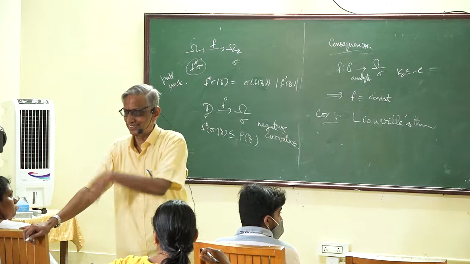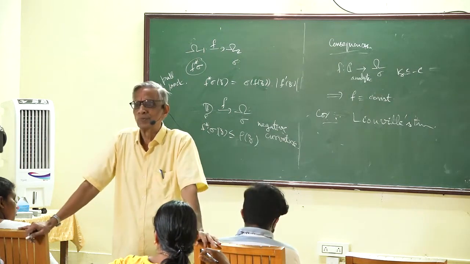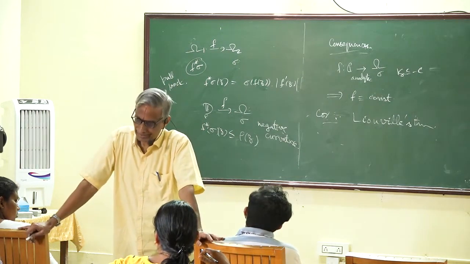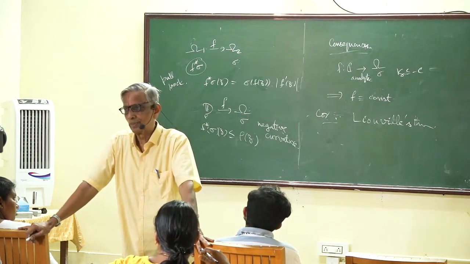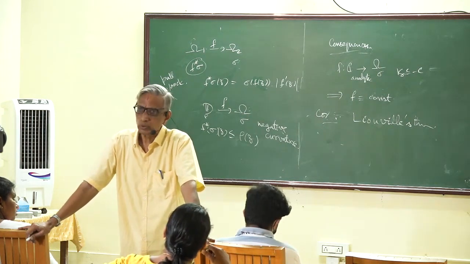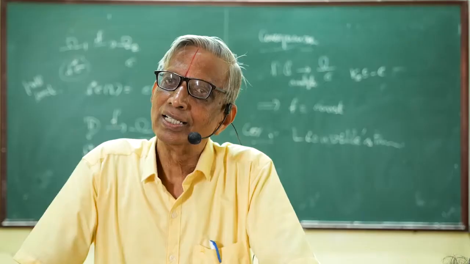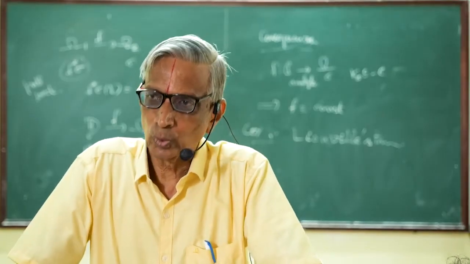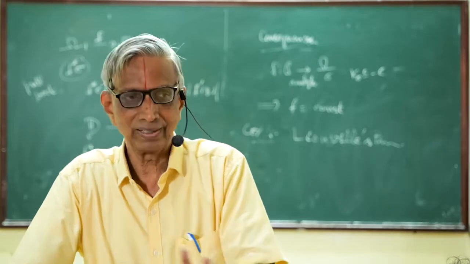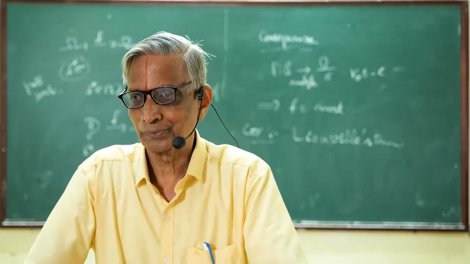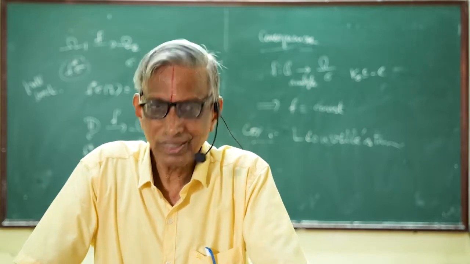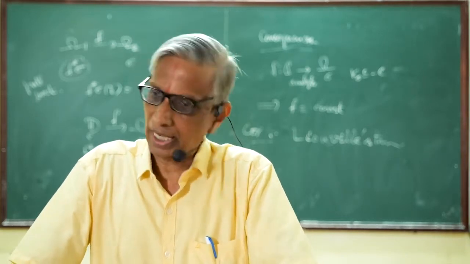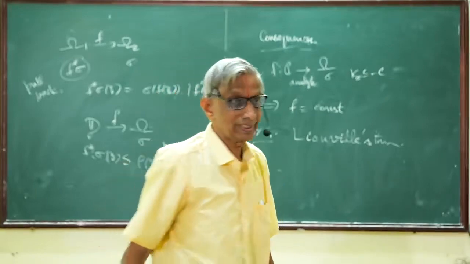The identity function z takes every value. It can be the whole complex plane, but it can omit one value. That's all. It cannot omit two values. If an entire function omits more than one value, it must be a constant. Okay, this is what is known as the Picard theorem, little Picard.